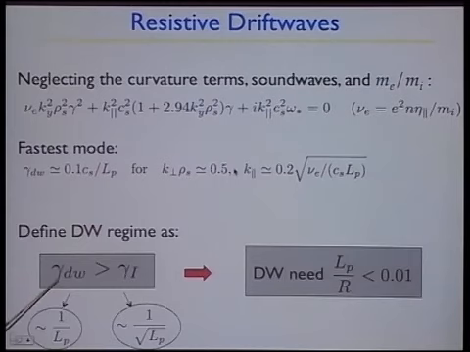So drift waves basically, in order to grow, require a much steeper gradient than the ideal interchange. And one can plug in the numbers and get that actually the gradient required by drift waves is very steep.